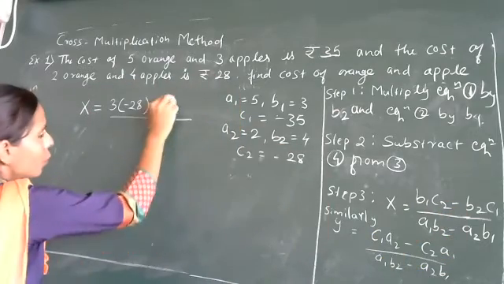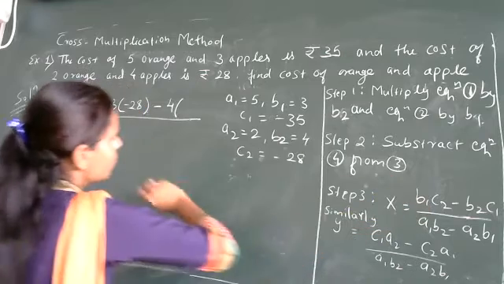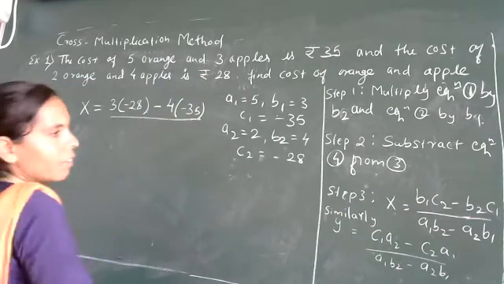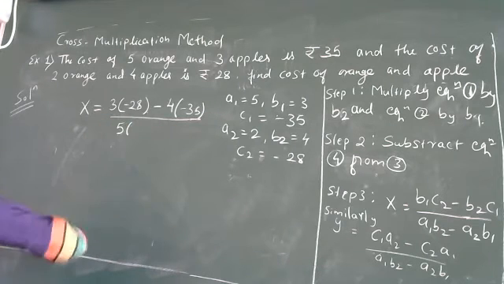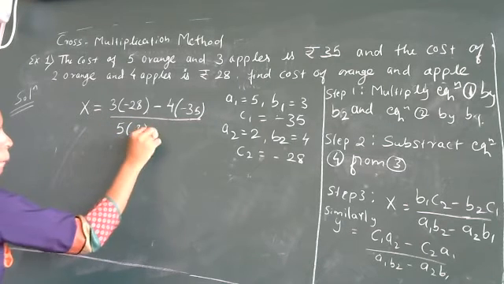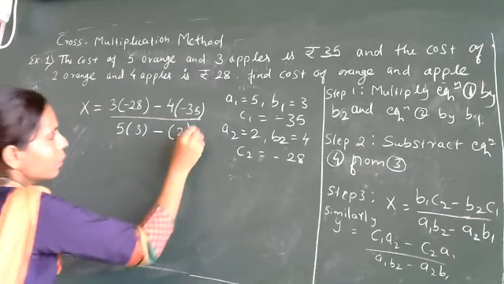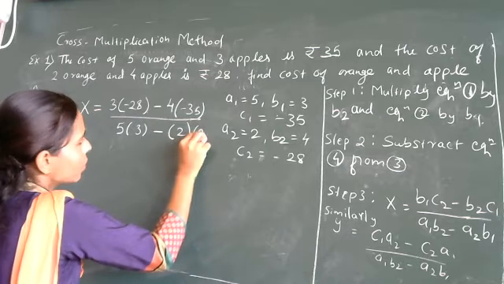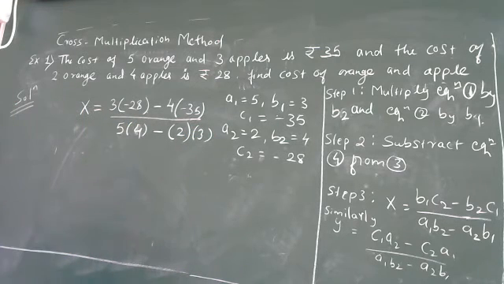B2 is what? 4 and C1. What is C1? Minus 35. Divide by A1. A1 is 5. B2 3 minus A2 is 2 and B1 is, what is B1? It is 3. So here we have to write 4.